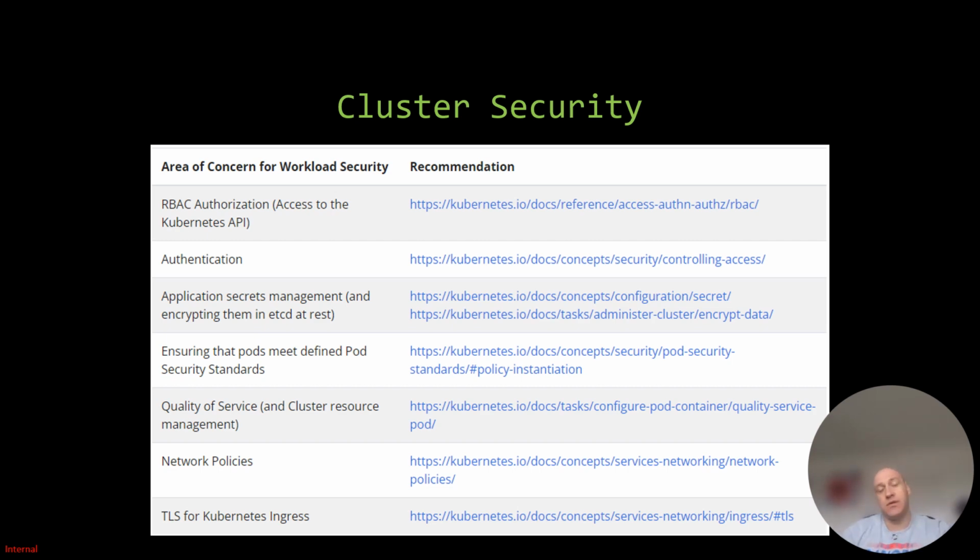Something to consider if you want to actually learn how to do these tasks and be hands-on. But these are very important aspects to consider: how we can deploy network policies, how we can deploy TLS, how we can do rate limiting on specific pods and specific resources, how we can limit exposure, and how we encrypt our secrets. That's a very important aspect.